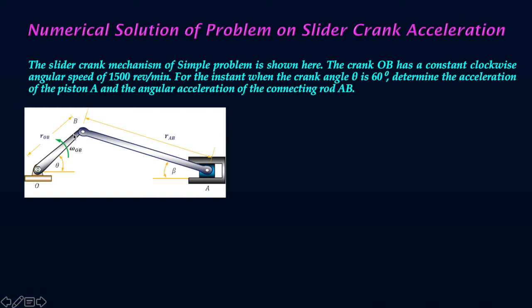Here this is the crank, which has only circular rotation about the fixed axis through O, and this end A is translating. It is the piston within this cylinder. It only has to and fro translating motion.